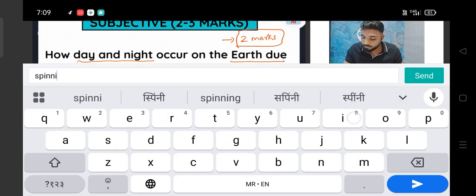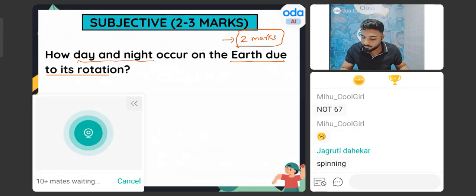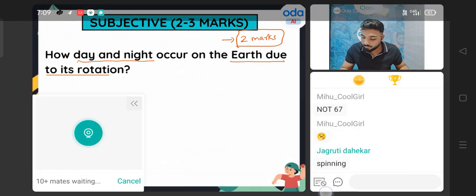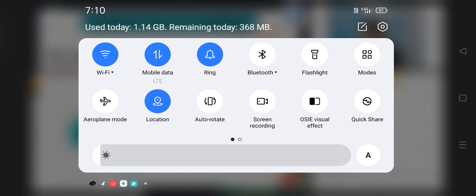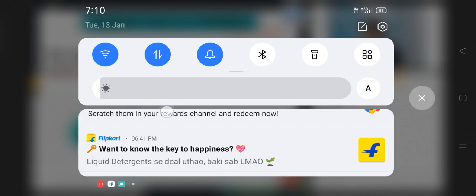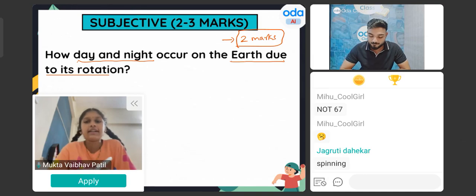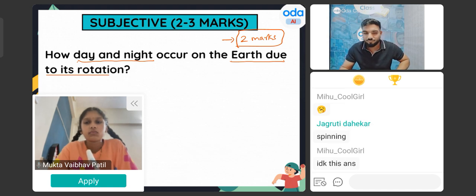Mukta. For 2 marks. Tilt in the angle because the day and night is occurred. So because of Earth's tilt, you think that day and night occurs. Okay. Yes. Let me listen to some other students as well.